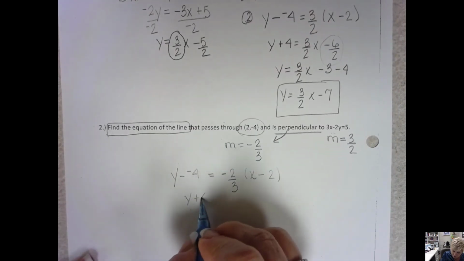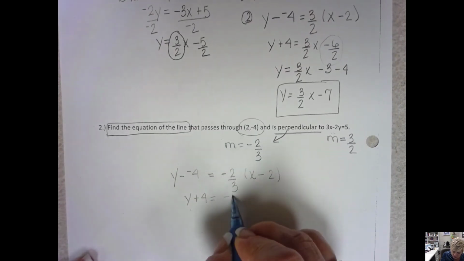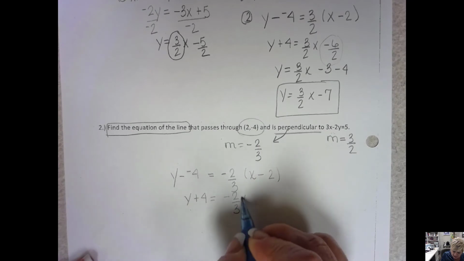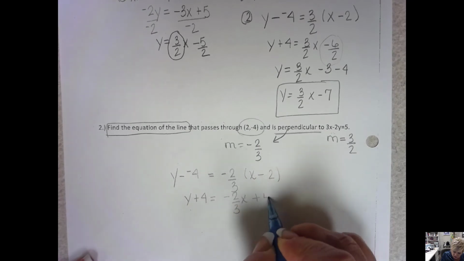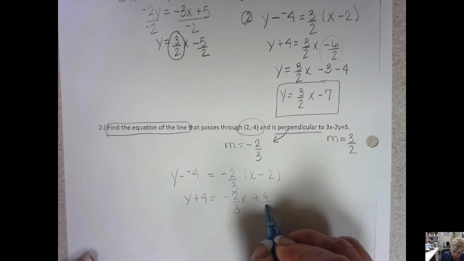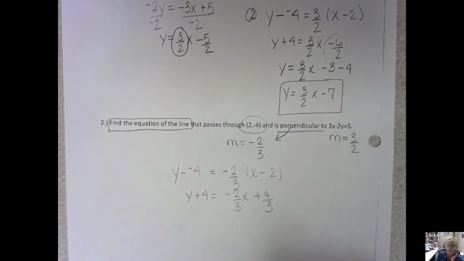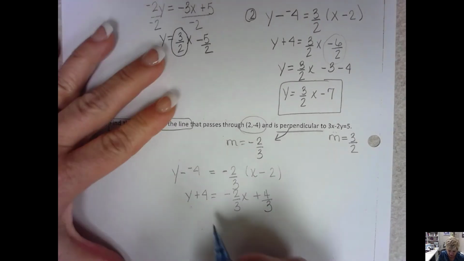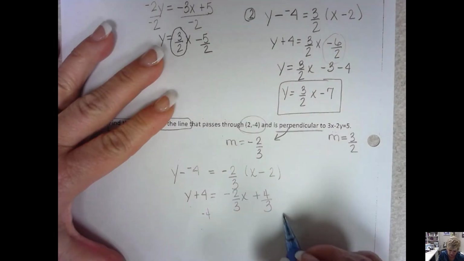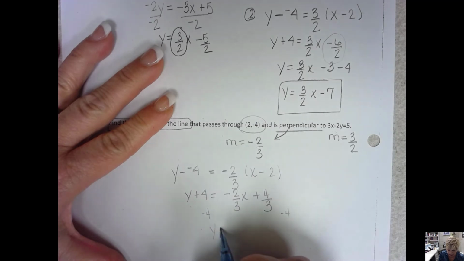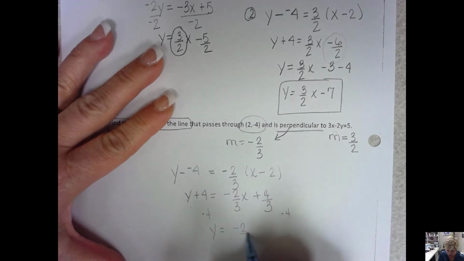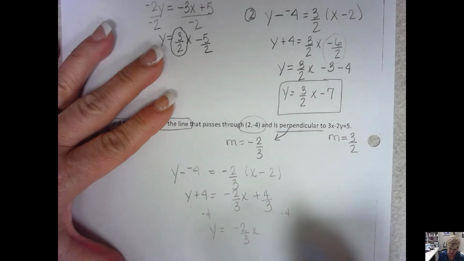Y plus 4 equal -2/3 x plus 4/3. And then subtract 4 from both sides. Y equal -2/3 x.